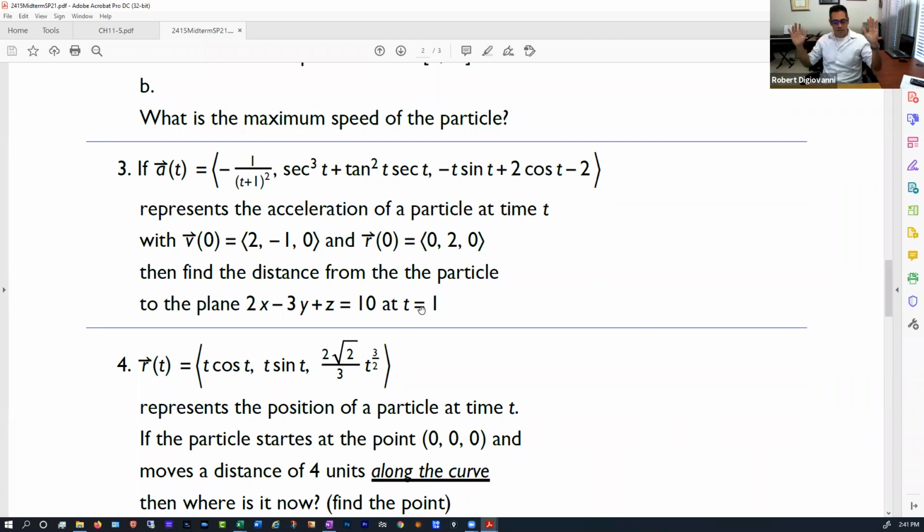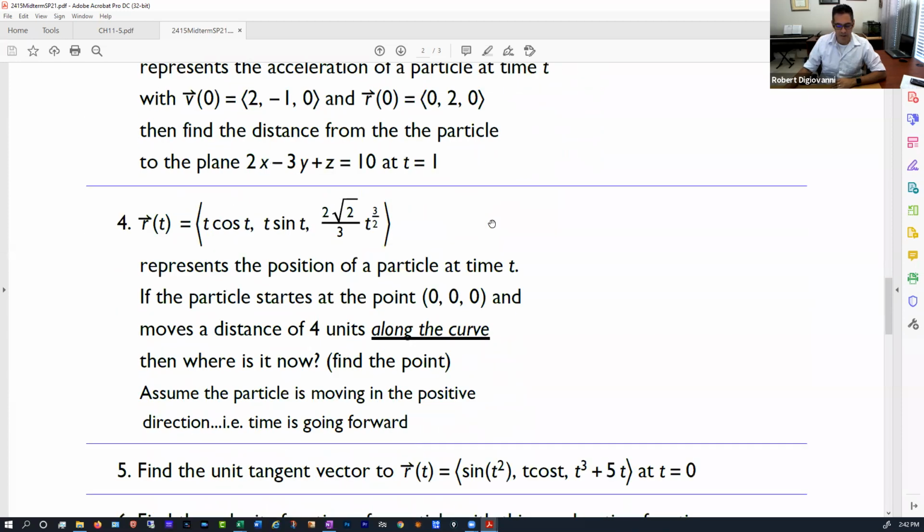I give you acceleration, and then I'm asking you how far away a particle is from a plane. So if you start with acceleration, you're going to somehow have to get back to position. And once you get to position, you have to figure out the distance from that particle on that position function to this plane that I gave you. So this is kind of like 2 questions in one. A lot of these are like that.